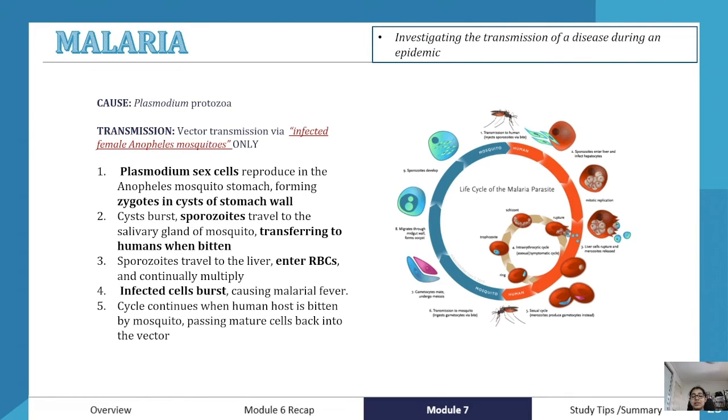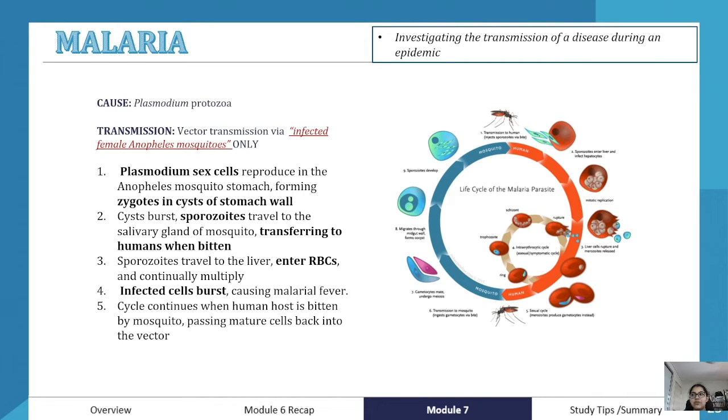Because once you have been infected with malaria, the Plasmodium protozoa stays within your body, so you can't get rid of it, which is why people see relapses of malaria, because it's hard to get rid of.